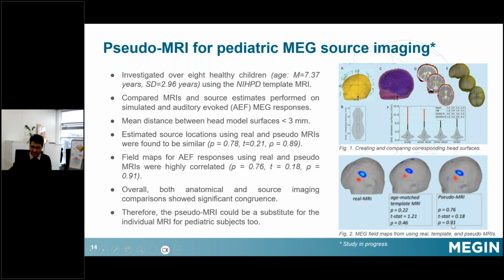The p-value was 0.91, which was quite higher as compared to when we use this age-matched template without warping. So this also shows that the pseudo-MRI can also be used as an individual MRI in pediatric source imaging as well, depending on what kind of application you have.